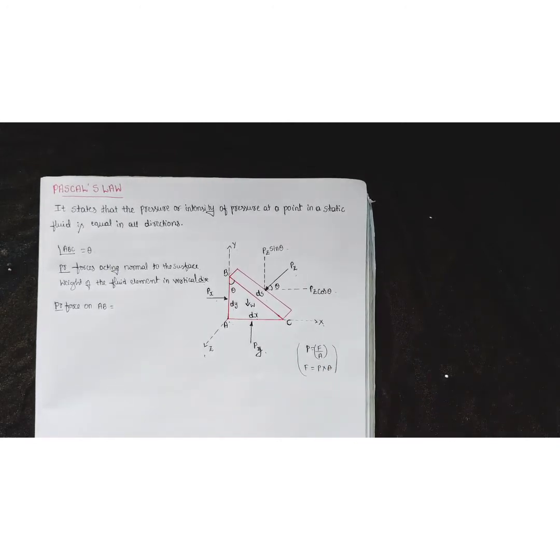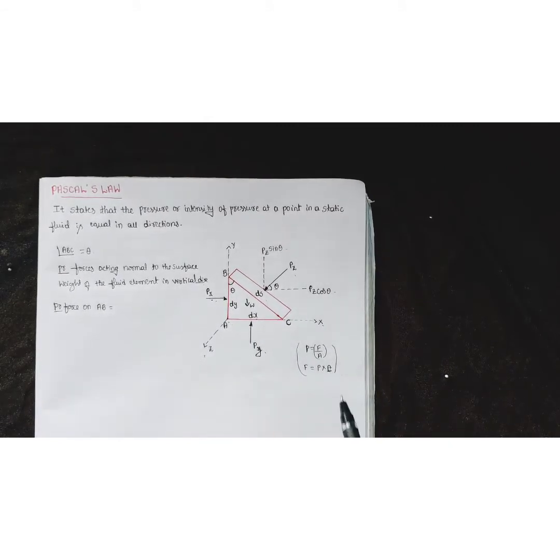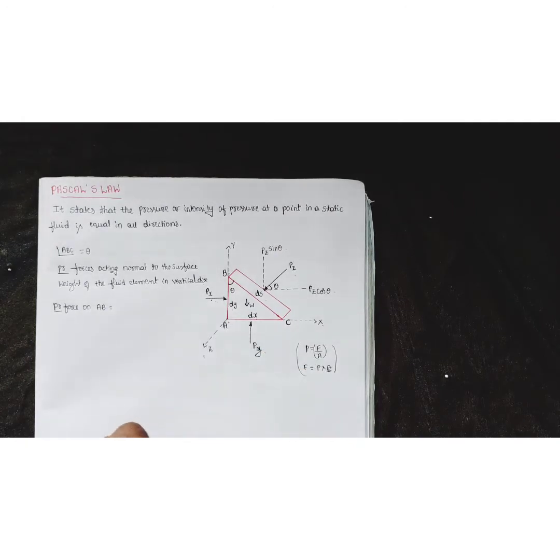So we have the intensity of the pressure P, then we need to calculate A. Area is nothing but length into width of the element. For derivation purpose, we are considering the width of the element as unity, 1.